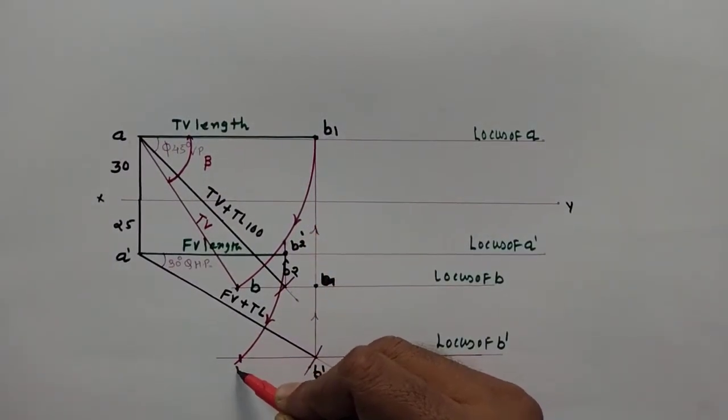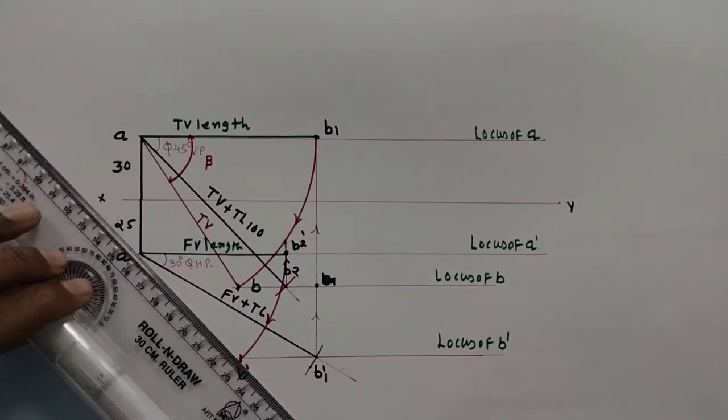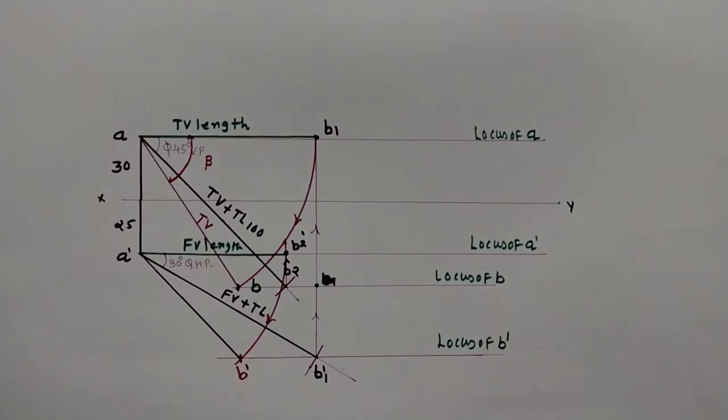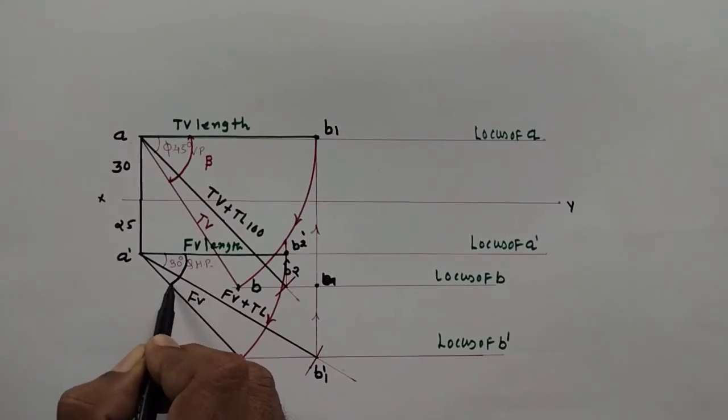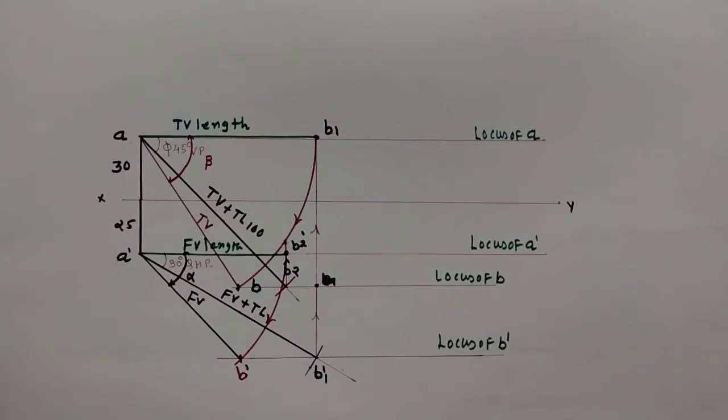This is our B dash point. Now I join A dash B dash. We get the actual front view inclined to the XY line, angle alpha.